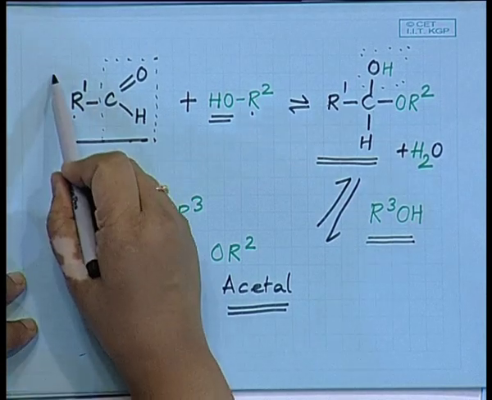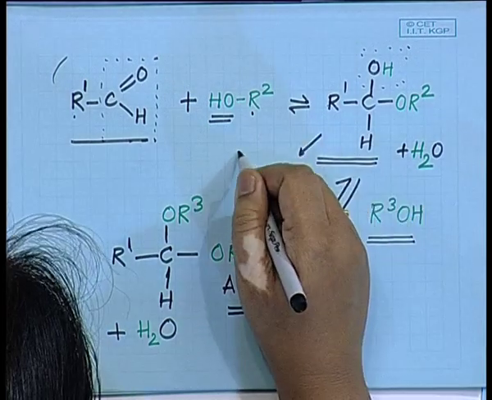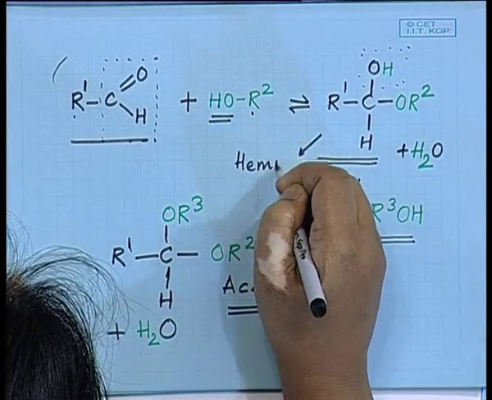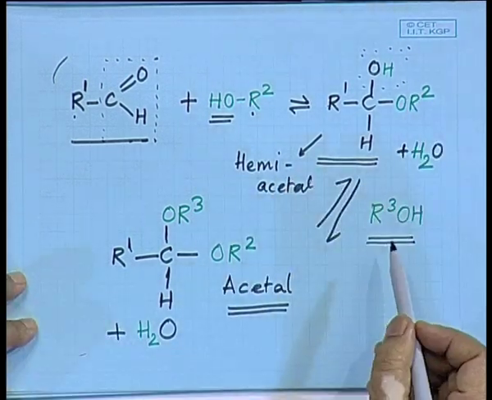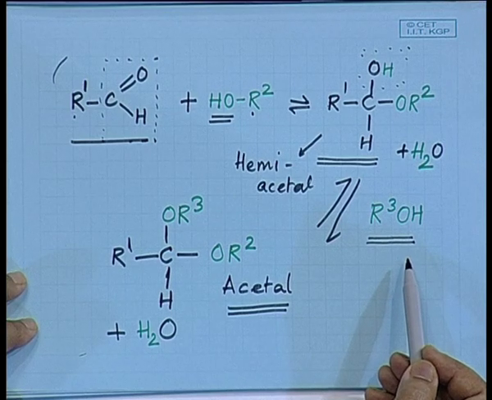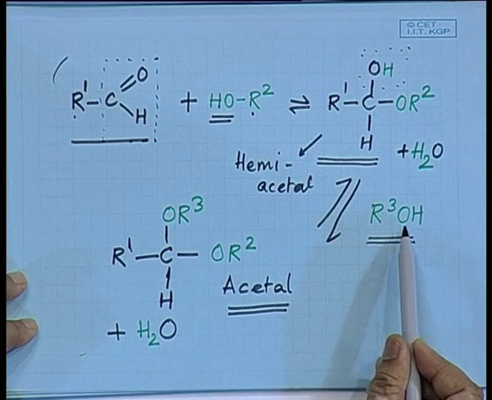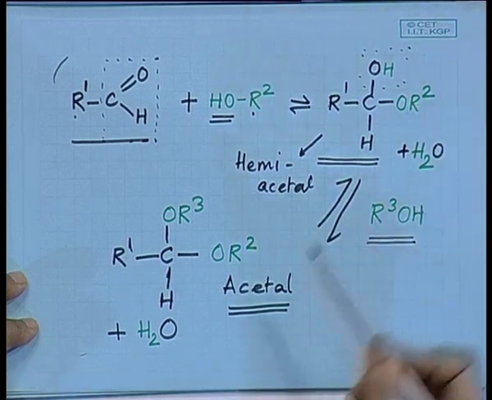So, we are cyclizing this whole thing into forming what is called a hemiacetal. But now, if I have another glucose which also has an OH, and this links with this hemiacetal, what can I get? I can get an acetal.